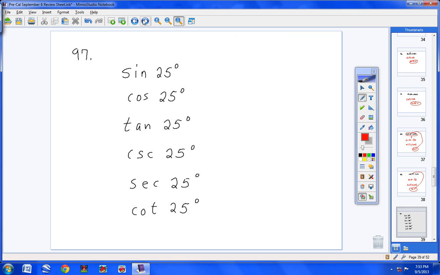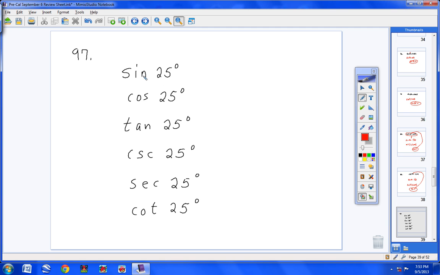Let's move on to the next problem, which is number 97. Now, I need you to turn your books to page 445, number 97. I'm not going to write all these down for you, but do you notice in the book on number 97, they give you a bunch of 65-degree trig values, sine of 65, tangent of 65, secant of 65, etc. Well, remember, 65 plus 25 equals 90, right?